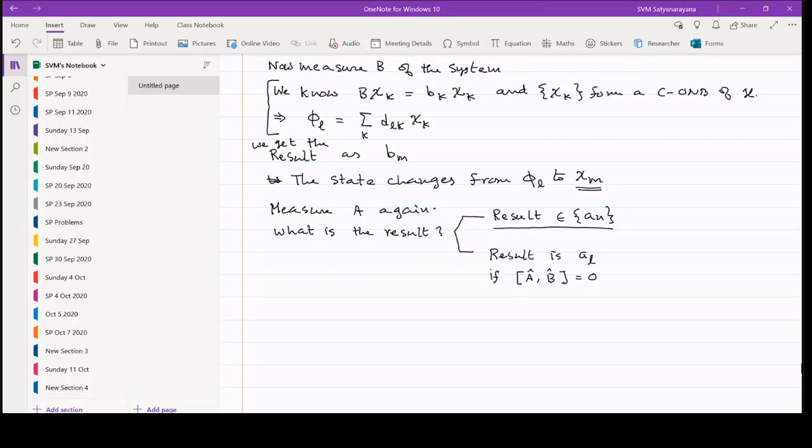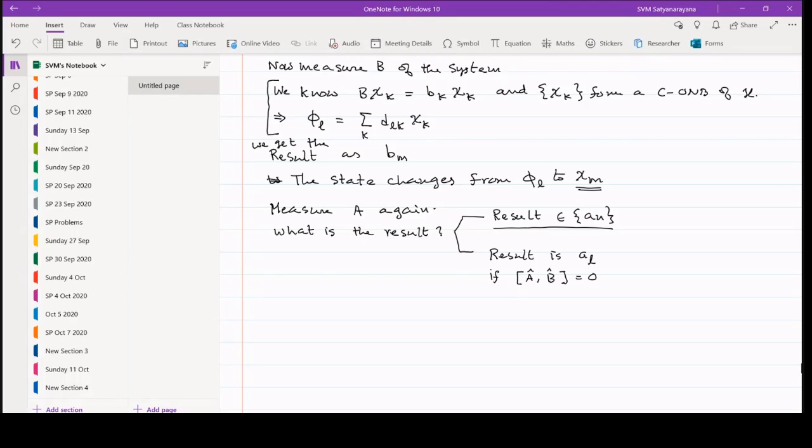This aspect I did not discuss today, but if they commute, it is possible that they can have common eigenstates. That means essentially we have observed A and got AL, and the state was phi L, and when you observe B, the result of the previous measurement will not be disturbed.